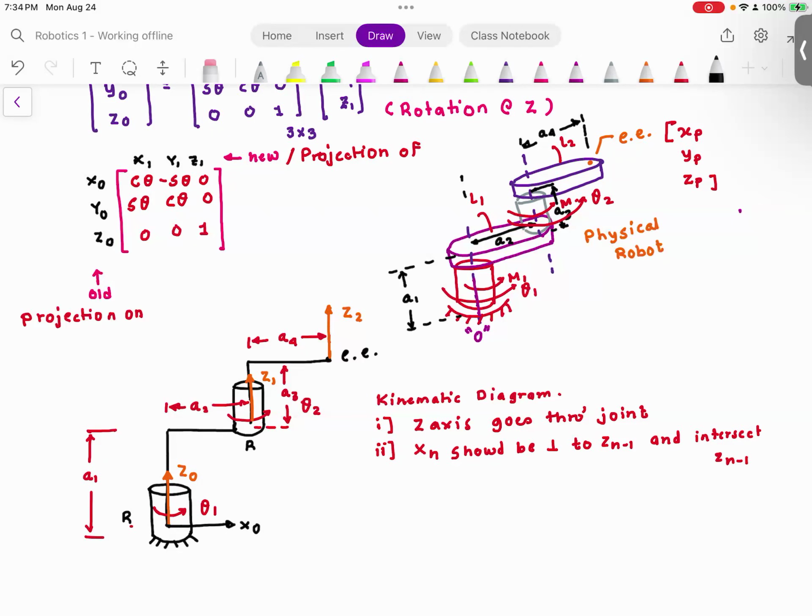Now, if you go up, you are going to have X1. Please understand, this is extremely important. You have two choices for X1. X1 could be like this, or X1 could be like this.